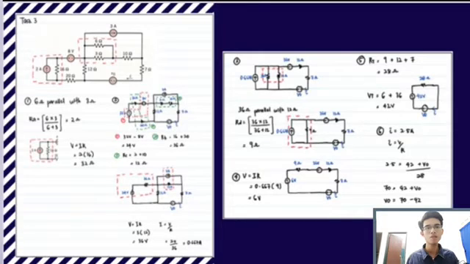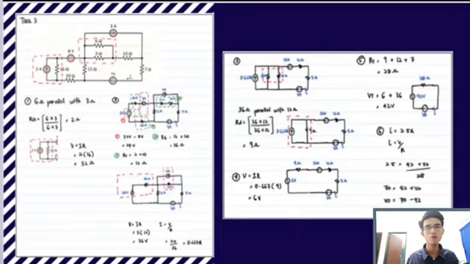Next, combine the voltage source. For step 3, simplify the voltage source with series resistor. Then combine source transformation and resistor, which is 24 volt with 36 ohm, by using Ohm's law formula.